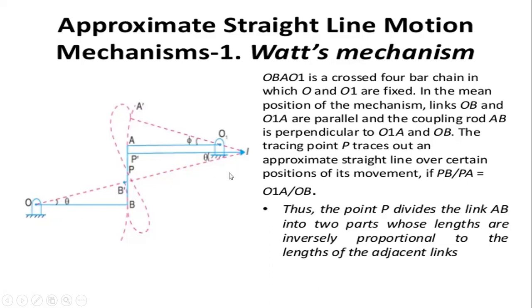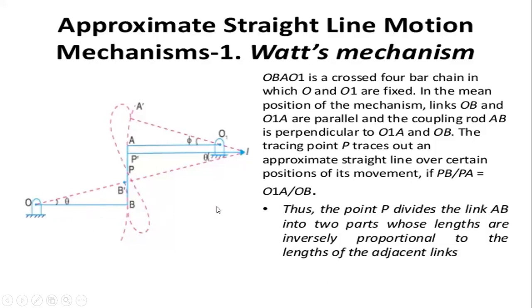In the mean position of the mechanism, links OB and O1A are parallel. These two parallel links are coupled at the two ends by AB, called the coupling rod, which is perpendicular to the O1A link and the OB link.